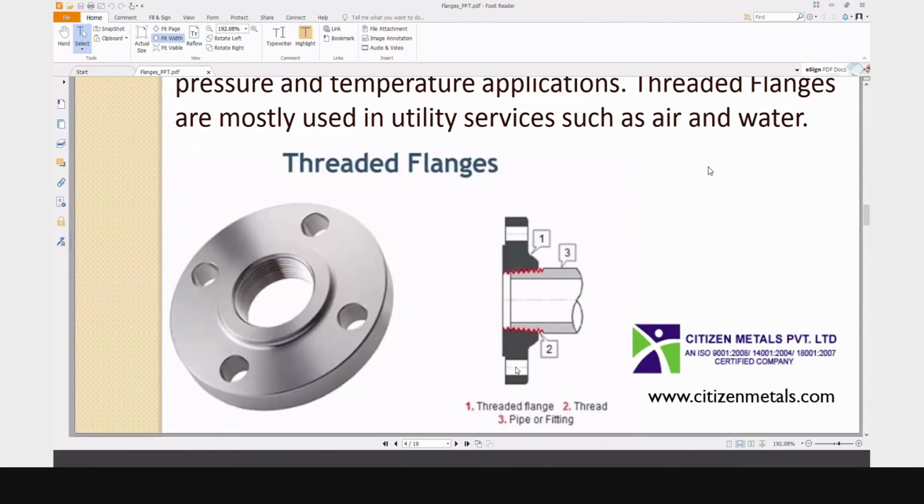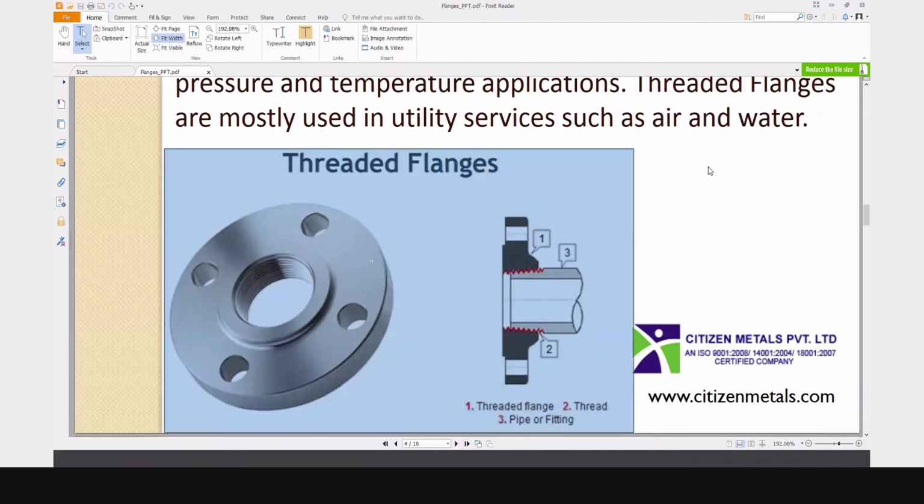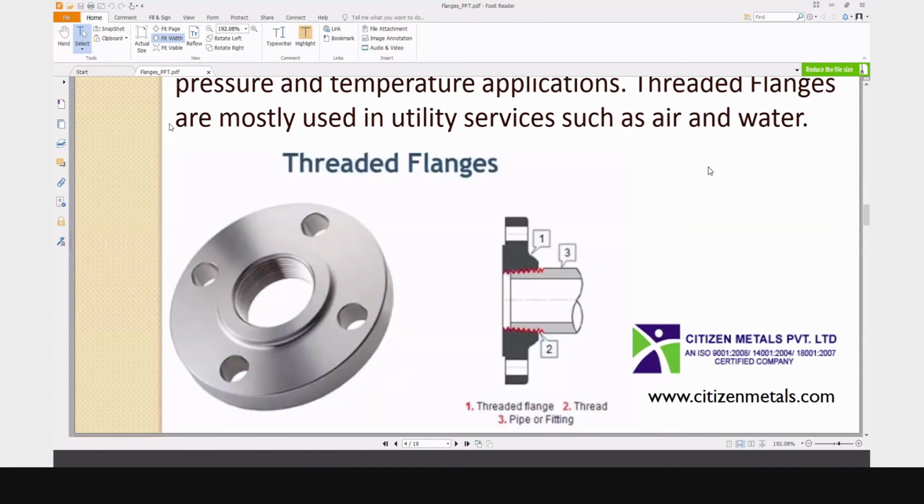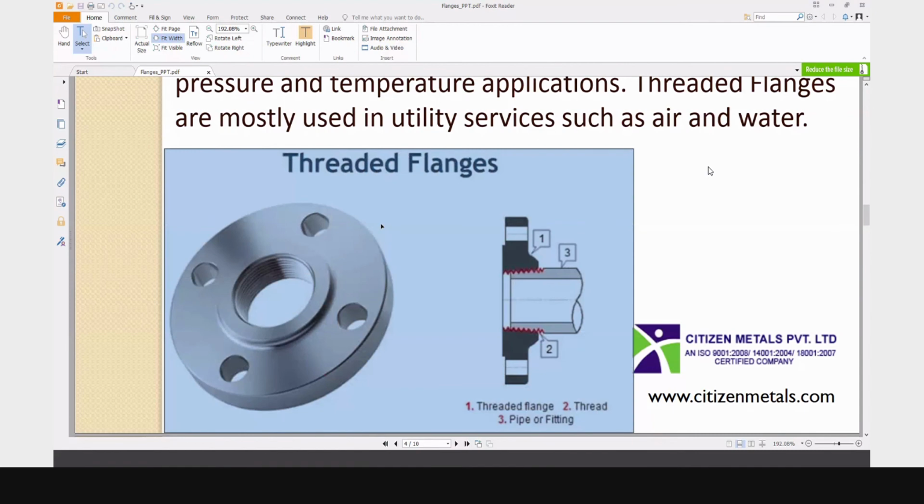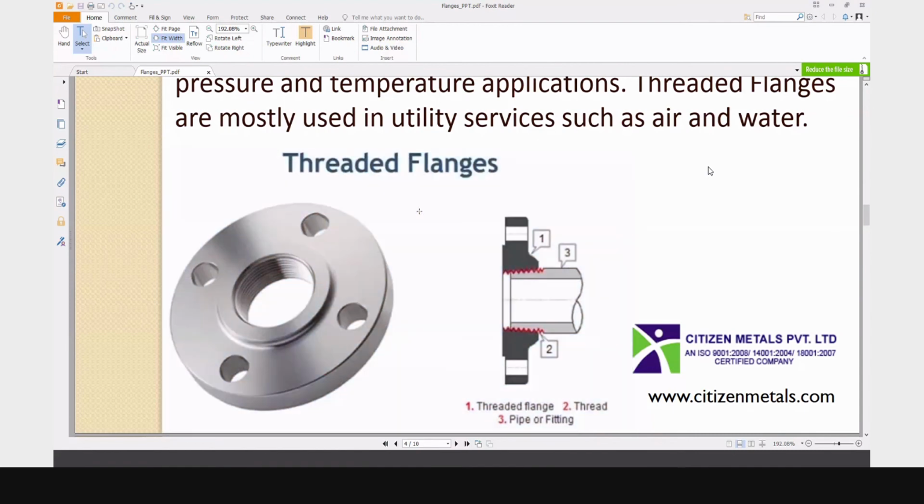Now you see here the first picture. This is the flange, and here is a thread. Two four bolt holes are there, and the pipe will be attached with the flange by means of this threaded joint.